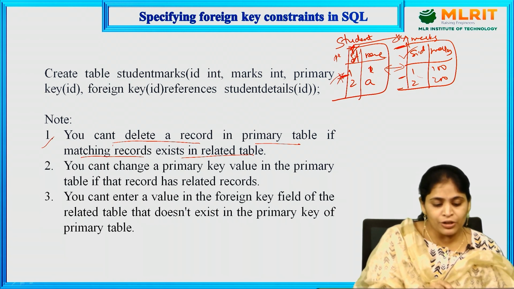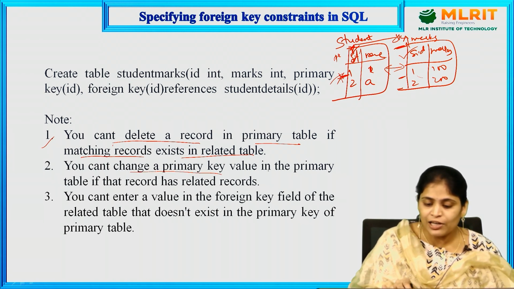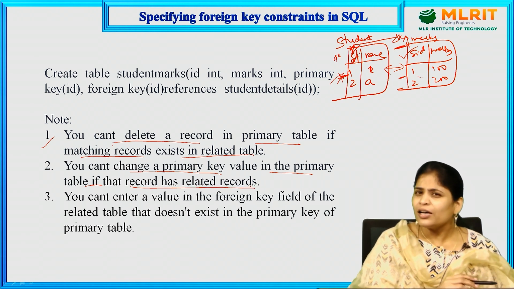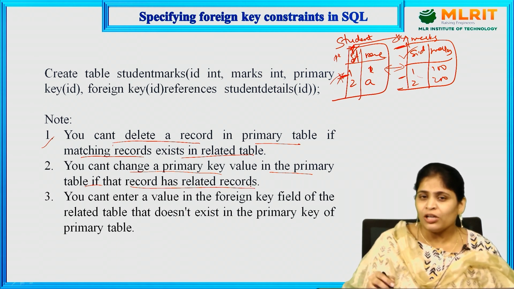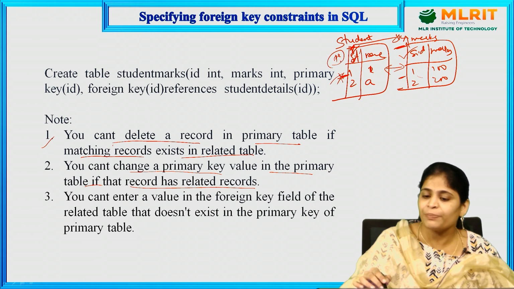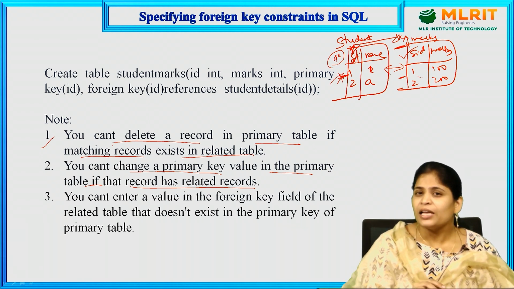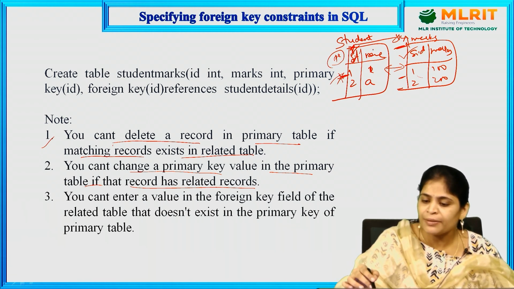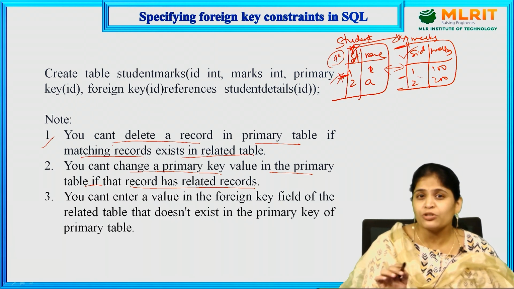Next, the second one: you can't change a primary key value in the primary table if that record has related records. Later on, if you want to change the primary key of this table, for example, initially you have represented SID as the primary key, and later you want to represent name as the primary key, that you must not do. Why?